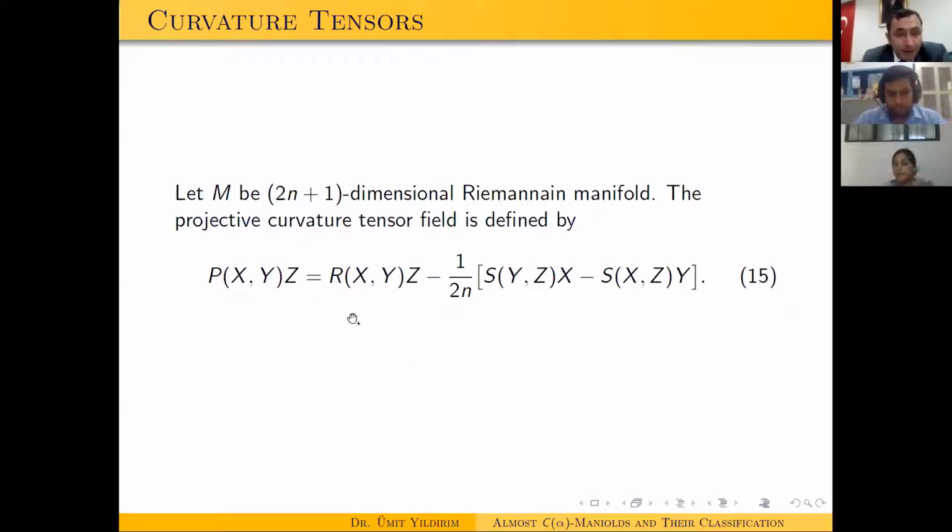Similarly, if P equals 0, the manifold is called projective flat.